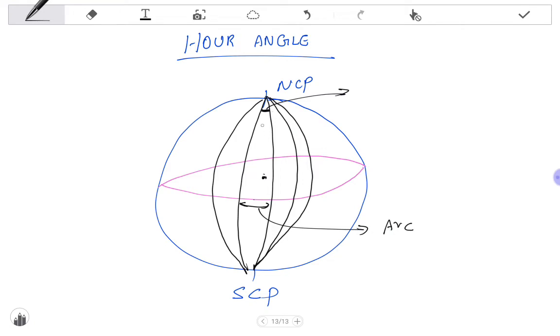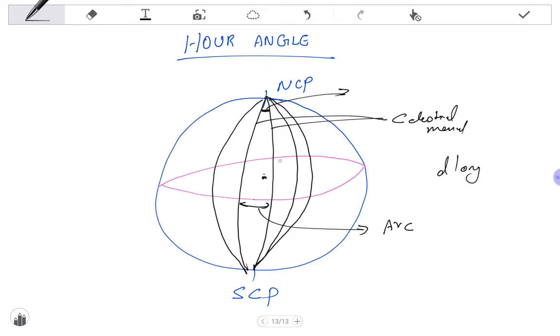between two celestial meridians. In our common terms we can say this is d long, difference in longitude.